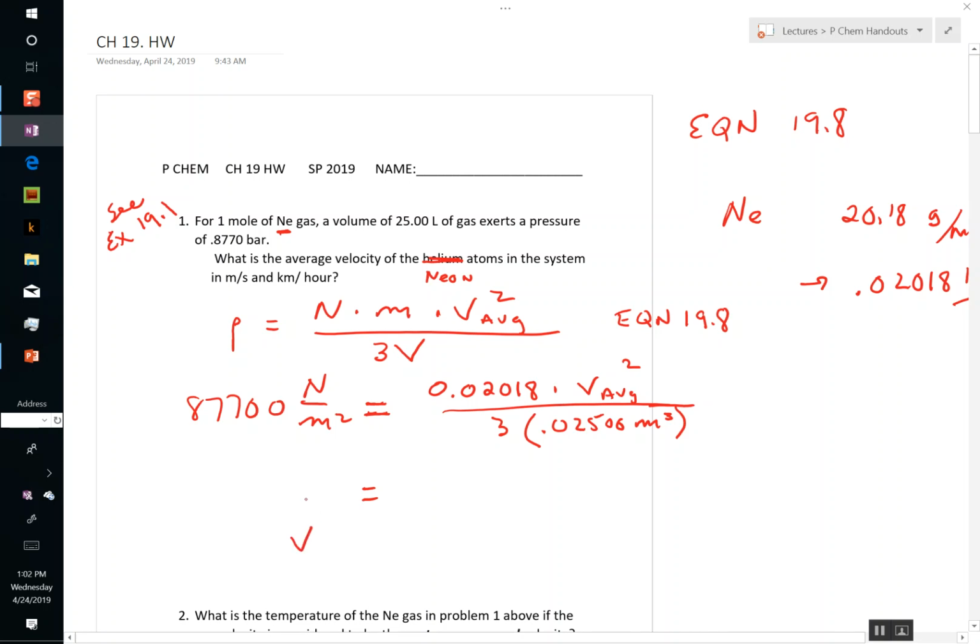Why did we convert that pressure factor? For SI units, basically. So we're going to take it from bars to newtons per meter squared. Where does the seconds come from? Meters per second.